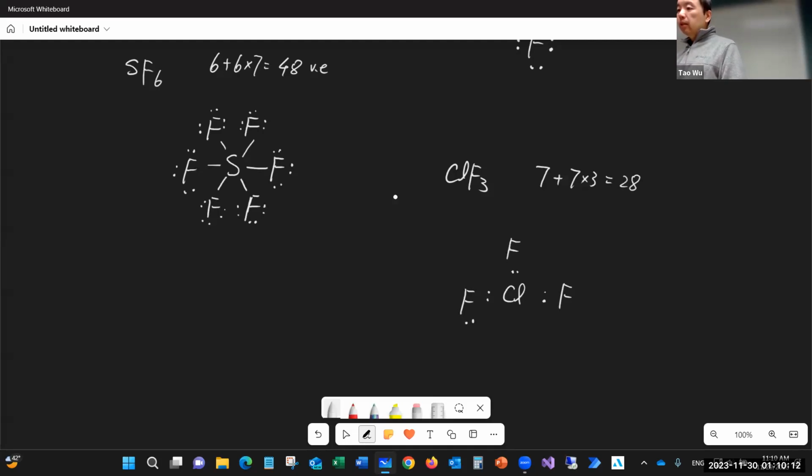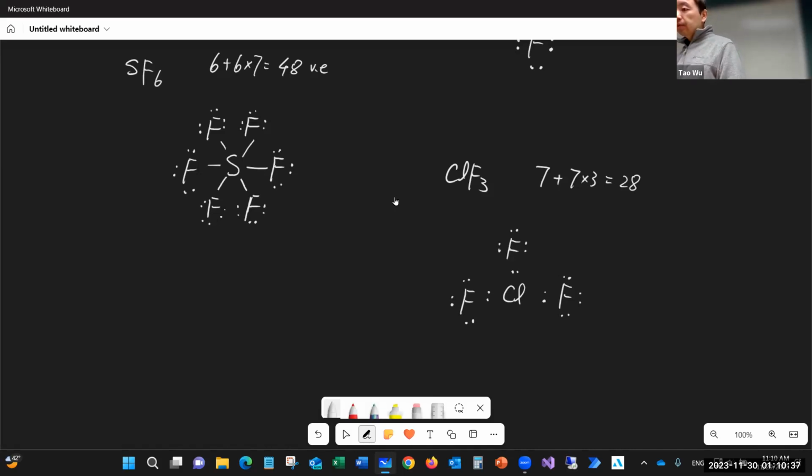6, 8, 10, 12, 14, 16, 18, 20, 22, 24. So now we got 24 over here, right? 24, but we have 4 more to go. And these 4 more have to belong to the central atom, right?